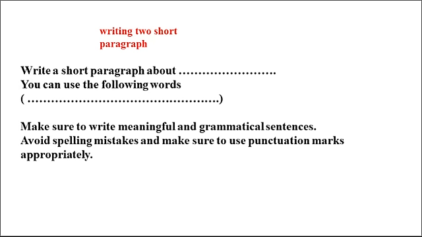If you are talking about something in the future, you should use the future tense, etc. And the punctuation. Each paragraph has 4 marks. 2 of them for the ideas and the number of sentences, 1 mark for the grammar, and 1 mark for punctuation and handwriting. This depends on the 2 paragraphs.